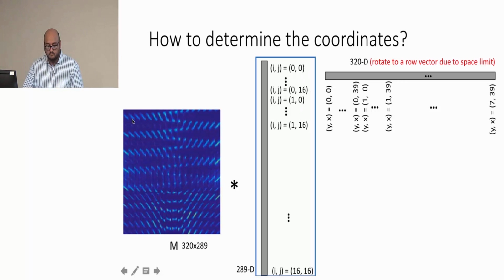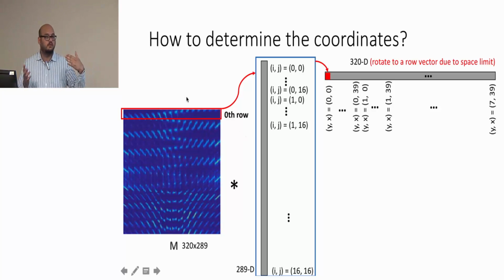One row of the transformation matrix multiplied with the vectorized representation of the areal segmentation decides one pixel in the output. One such multiplication, a row vector multiplied with a column vector, decides one pixel.